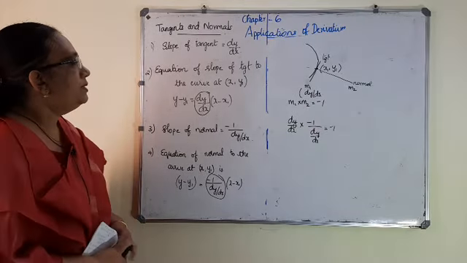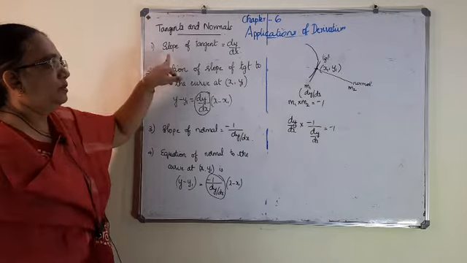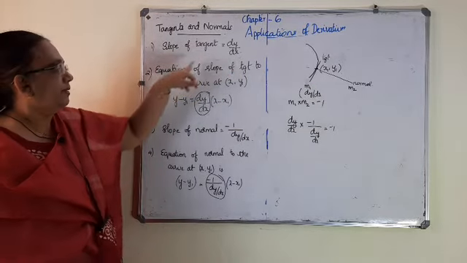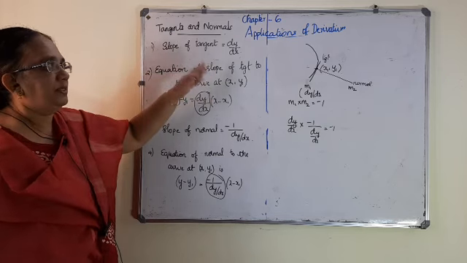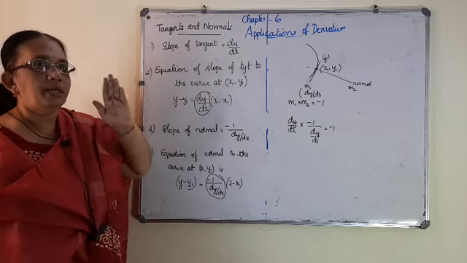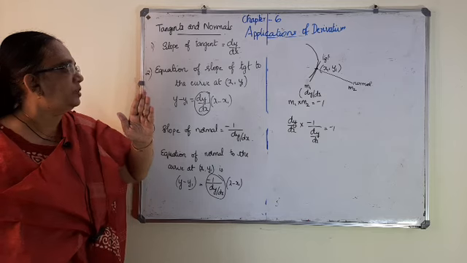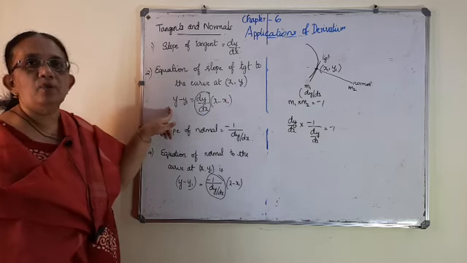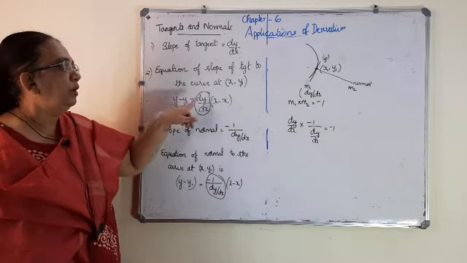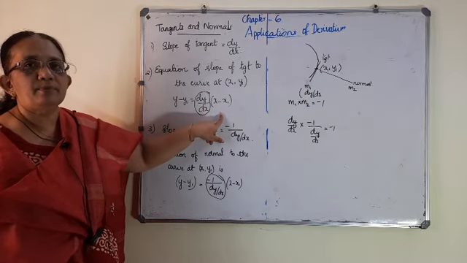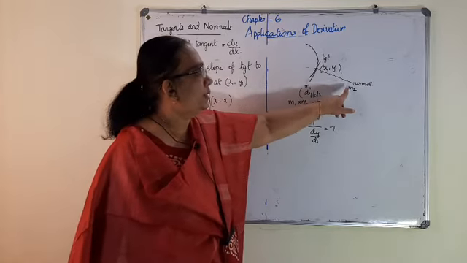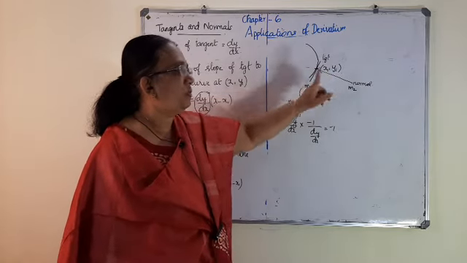So once again, slope of the tangent is dy by dx. Equation of slope of the tangent: tangent is a line. So what is the equation of the tangent to the curve at the point x1 y1? It is y minus y1 is equal to dy by dx into x minus x1. Normal is a line perpendicular to the tangent and passing through the point x1 y1.